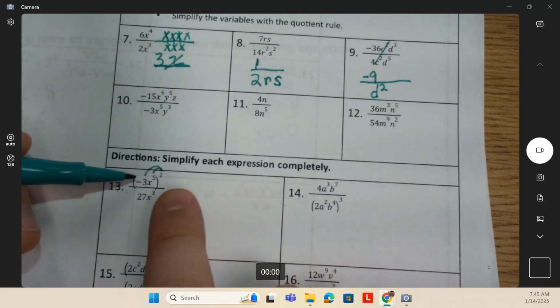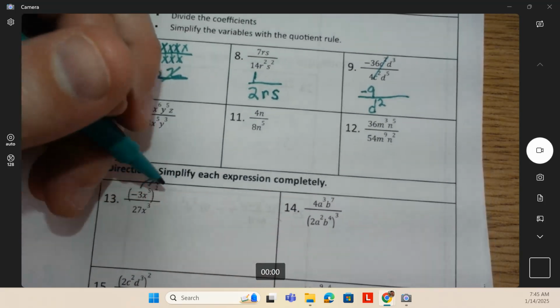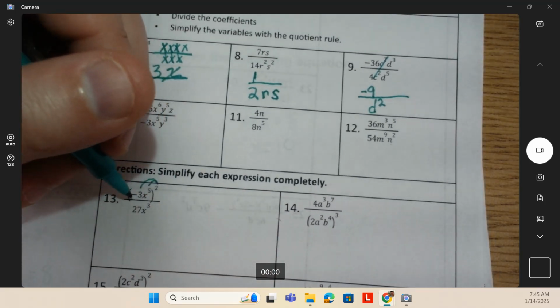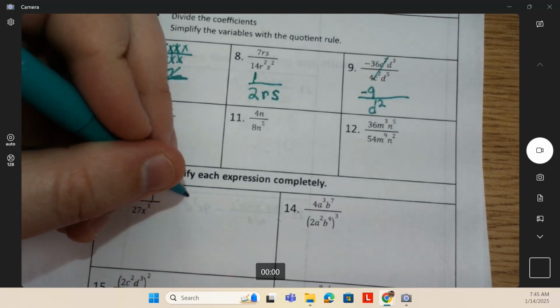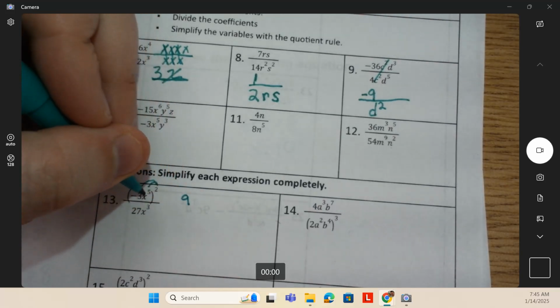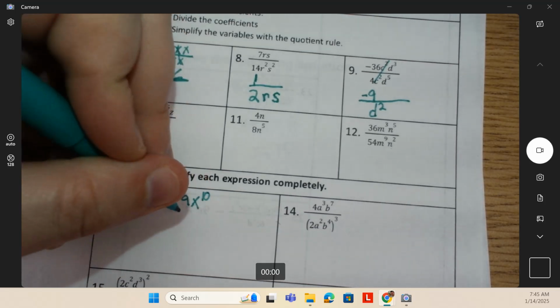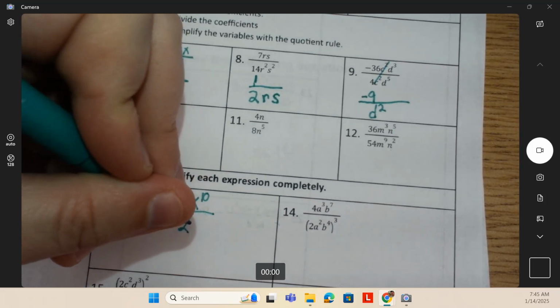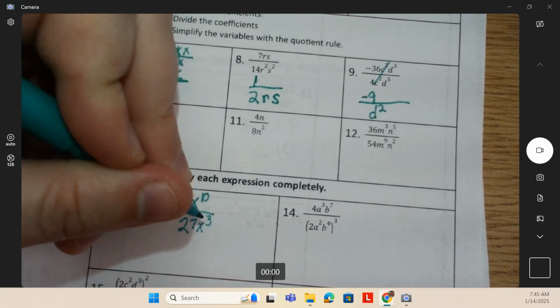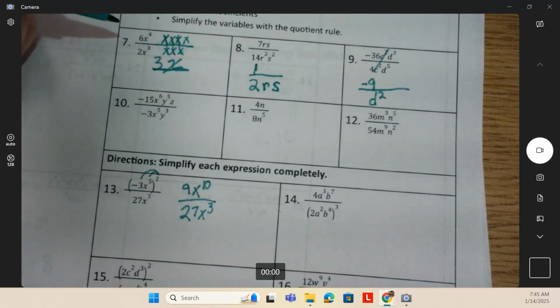And so if I do negative 3 squared, that'd be negative 3 times negative 3 is 9. And 5 x to the fifth squared would be x to the 10th. Then I can go through and say 27 x to the third, and I can divide that like normal.